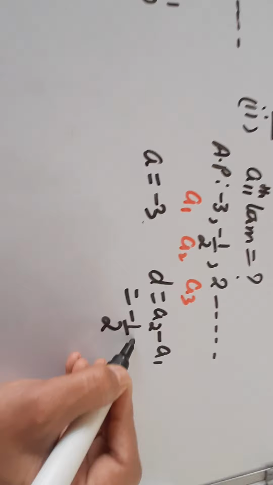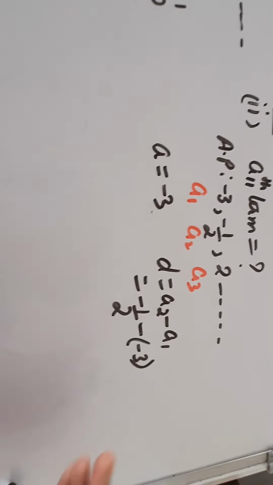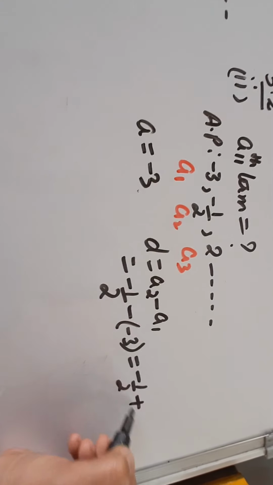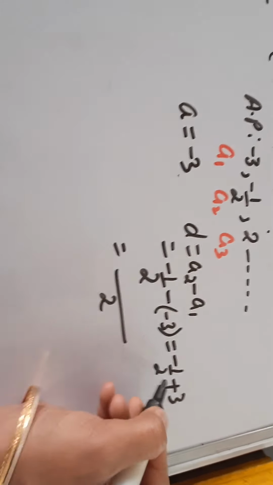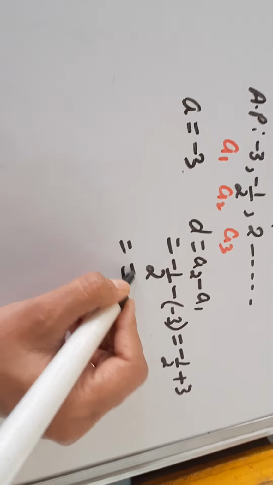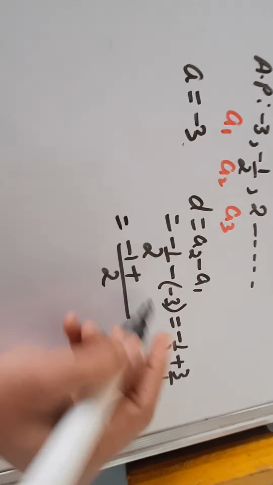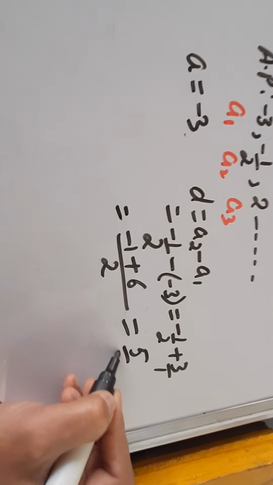Now a1 is again minus 3. So it will be calculated as minus 1 by 2 minus minus 3, that is plus 3. Now this is a fraction. Solve it by taking the LCM. 2 ones are 2, 1 ones are 1, plus nothing is there. Take 1. 1 twos are 2. 2 threes are 6. So 6 minus 1 is 5 by 2.